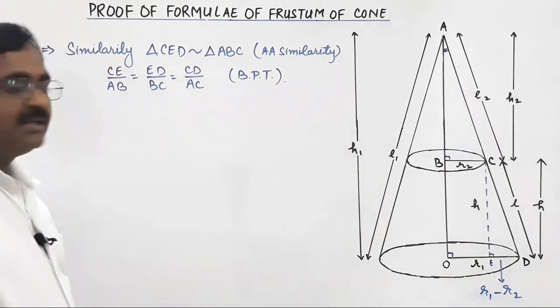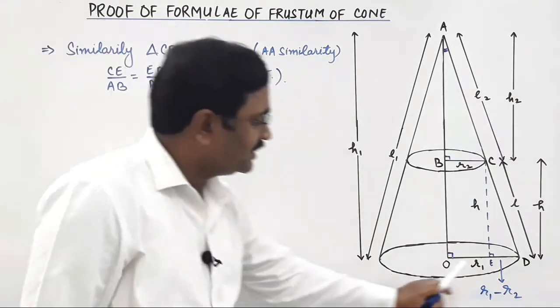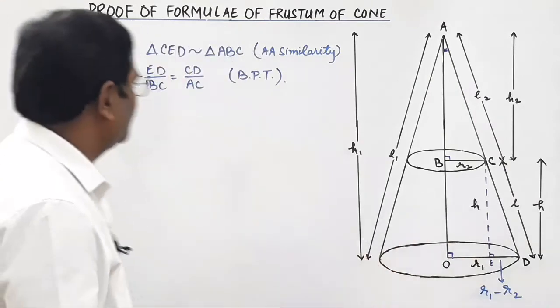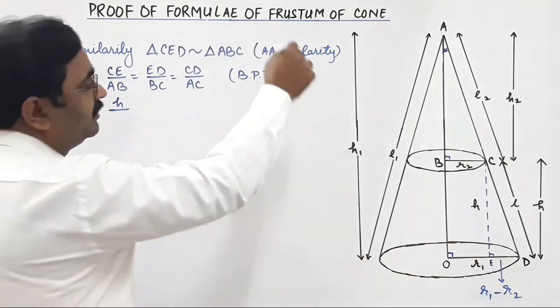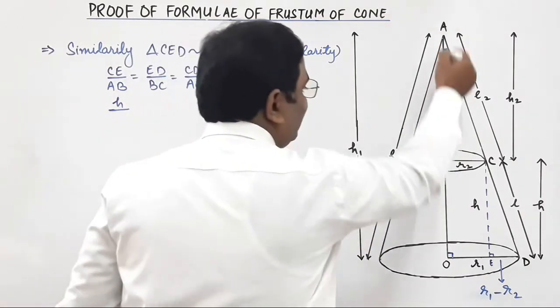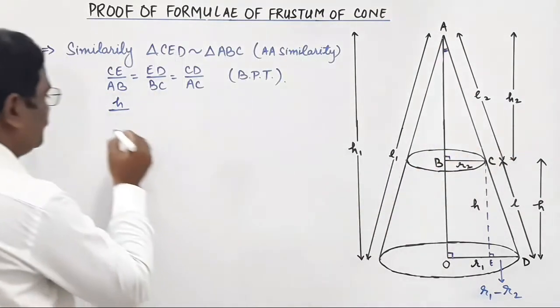Okay friends, now substitute these values: CE, which is H, upon AB, the height of the smaller cone, which is H2.